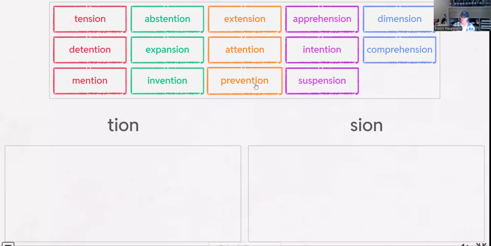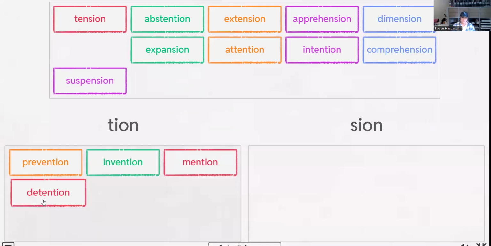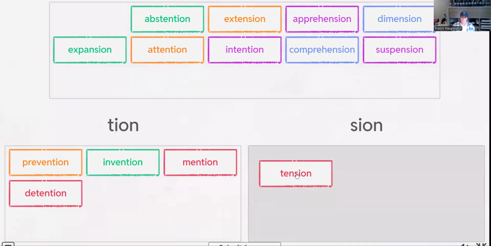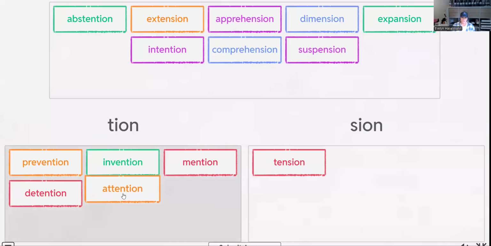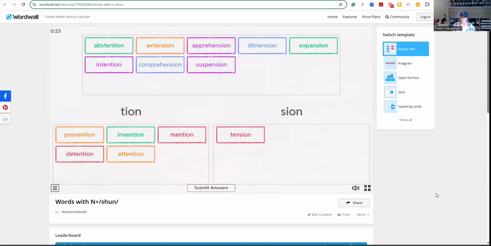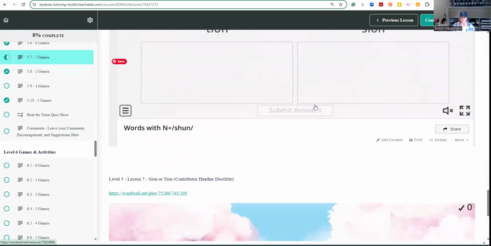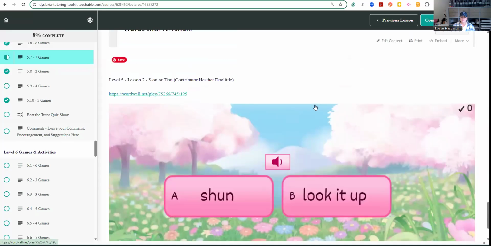So this is just a quick sort, but I would have my student read prevention, invention, mention, detention, tension, attention, going on and on. Okay, so I would finish that up. Great game for older kids, super easy. Get some repeated reading in for that one.